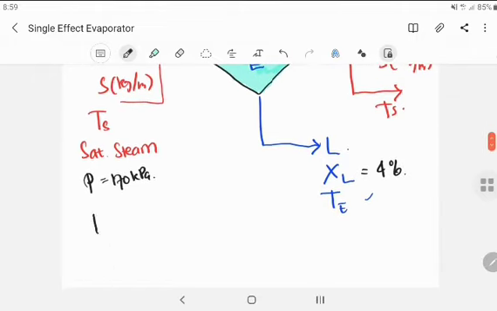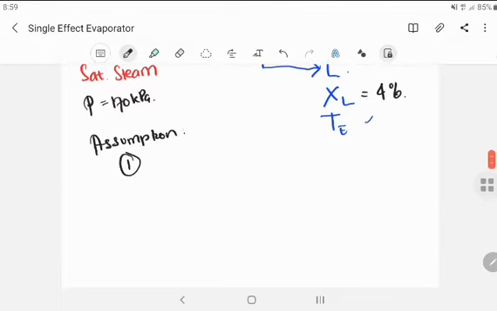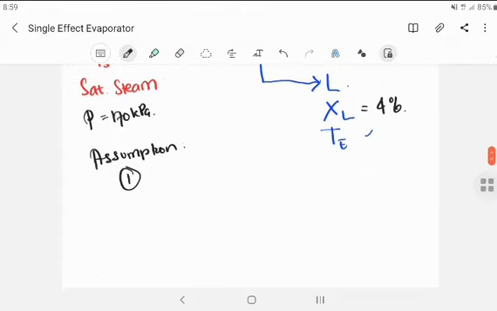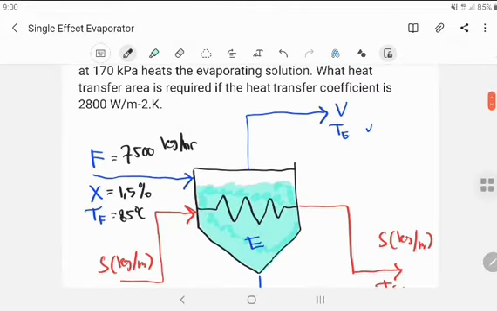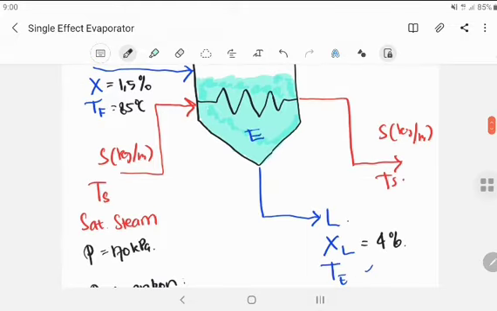So what we can assume in here, the first one, we can assume that inside the evaporator, the liquid is well mixed, that's why in here the temperature is assumed to be the same.